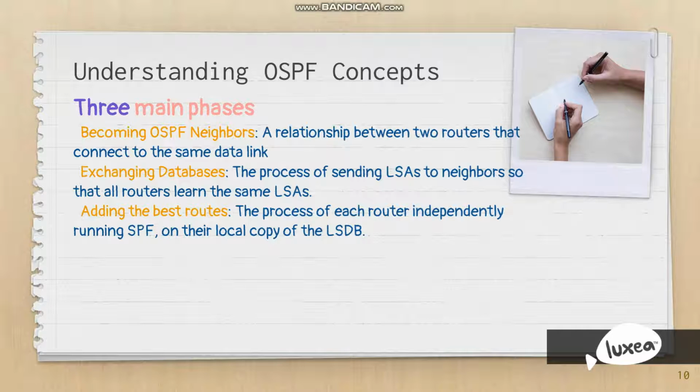Engineers do not need to know the details of how SPF does the math. They just need to know how to predict which routes SPF will choose as the best route. Once SPF has identified it, OSPF calculates the metric for a route.